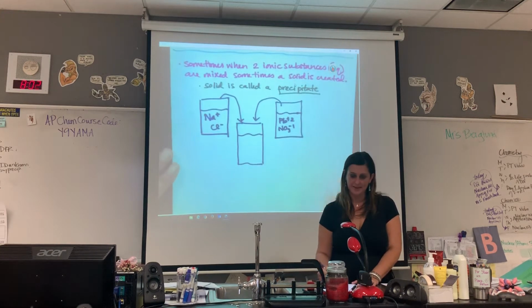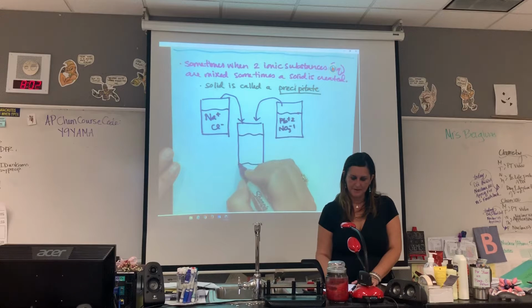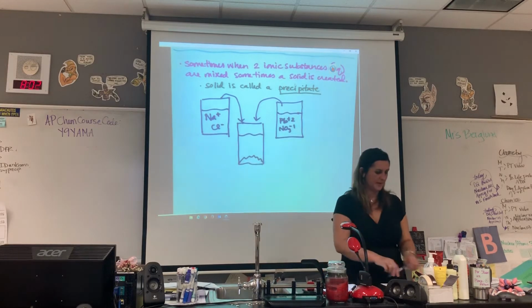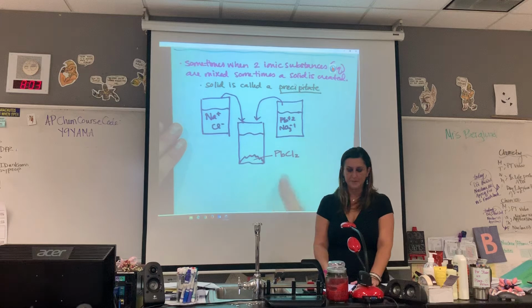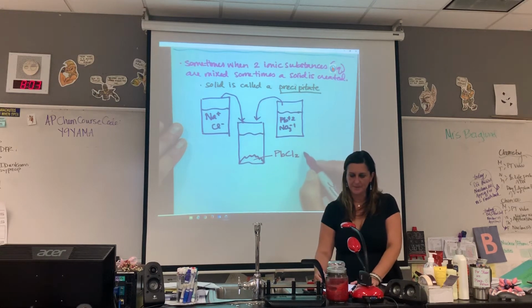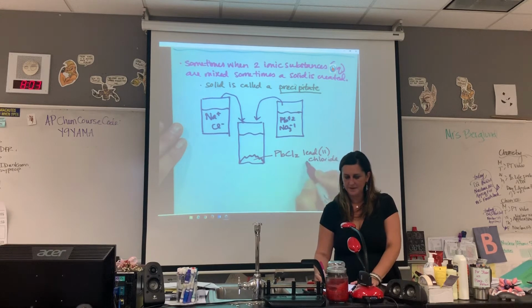And what happens is that down at the bottom we get this solid precipitate, and this is lead 2 chloride. And the reason that we know this is because lead 2 chloride is insoluble.